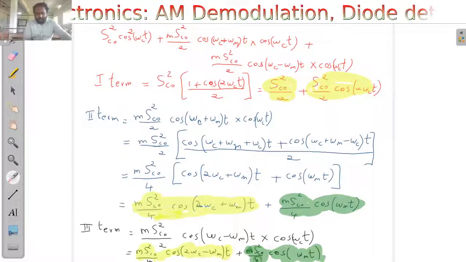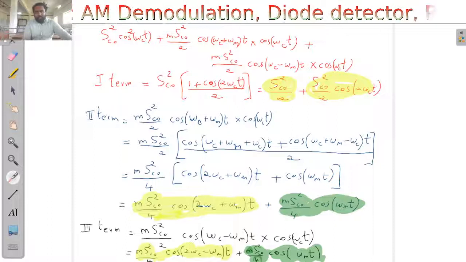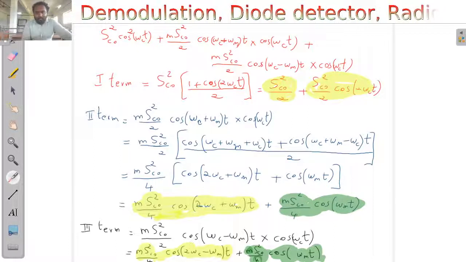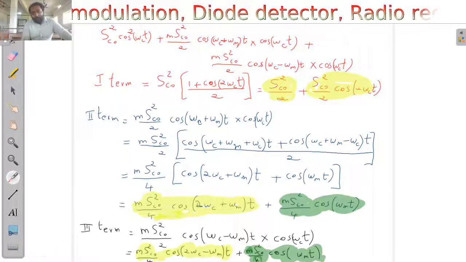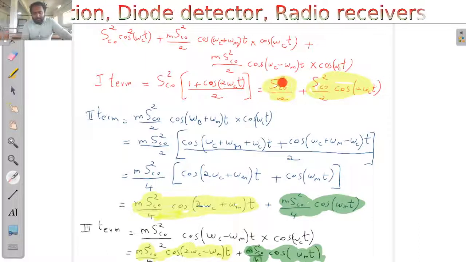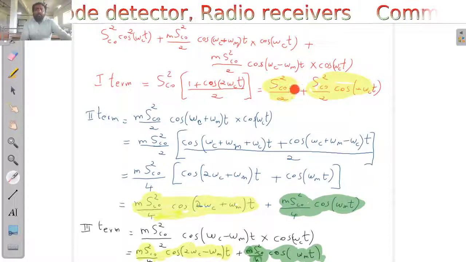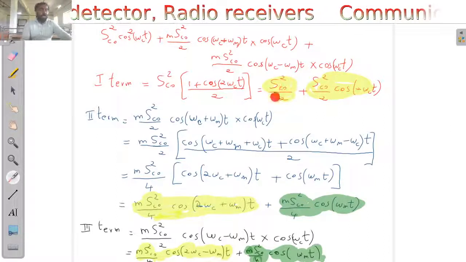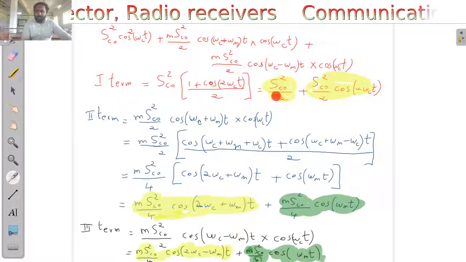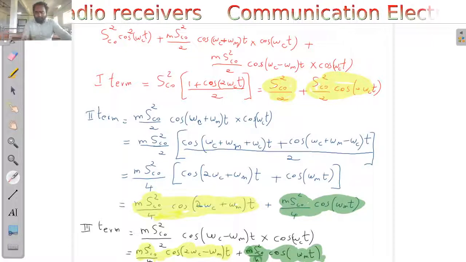You can see that even this squaring itself is a kind of multiplication, and it translates the signal to a frequency of 2 omega c, and the other one back to the baseband, or a DC signal, is obtained. This DC signal doesn't contain any information that we coded into the amplitude modulated signal. So we will be removing these 2 terms, because these 2 terms contain nothing.